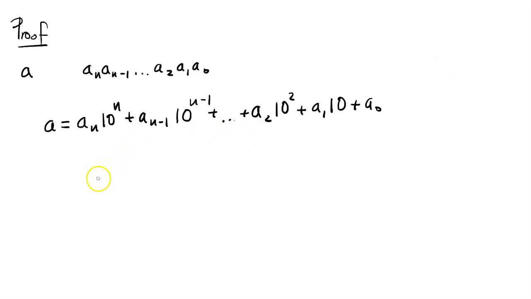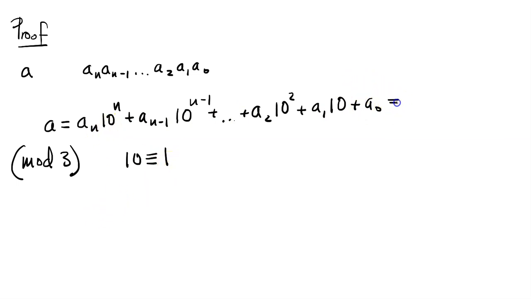Now we want to show divisibility by 3, so let's work in modulo 3. In modulo 3 we have that 10 is congruent with 1, since 10 and 1 are separated by a multiple of 3. That means that if we calculate in modulo 3, every 10 here we can replace with a 1.